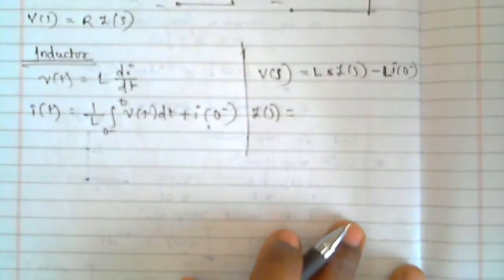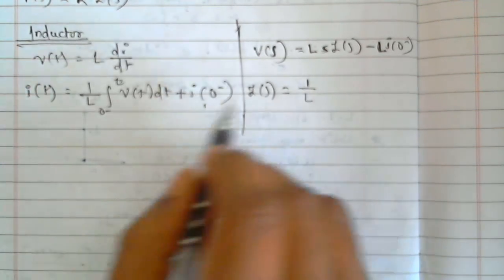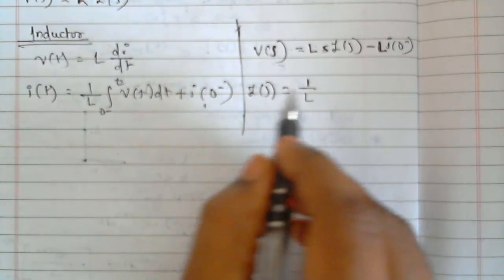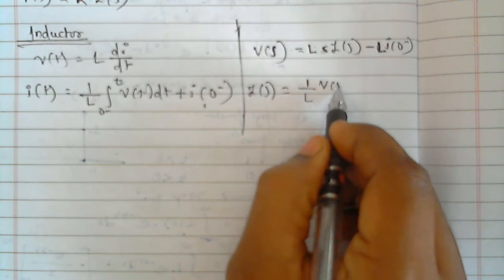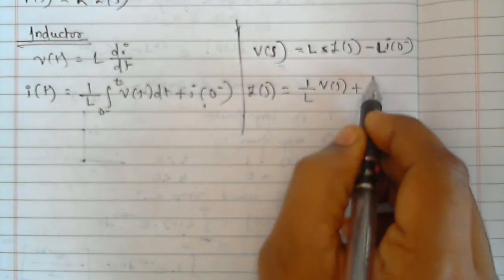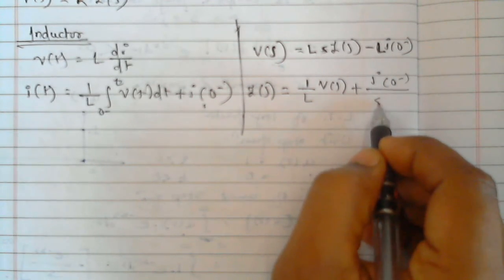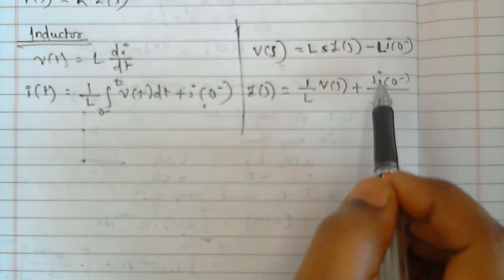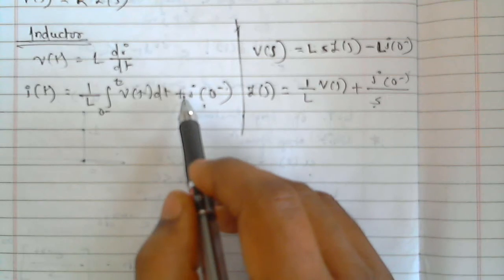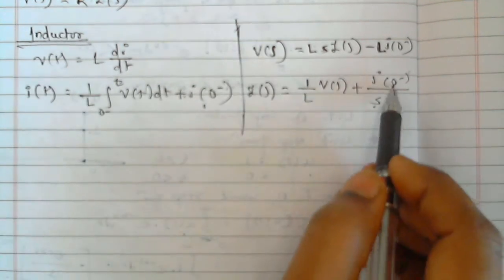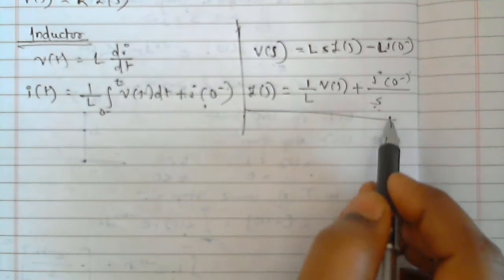So on the same line, here I of s is given as 1 by L times, instead of v of t dt, the Laplace will be V of s, plus I of 0 minus divided by s. Why? I of 0 minus is a constant, so I can write 1 into I of 0 minus, and Laplace of 1 is 1 by s. Okay, so these are the equations.